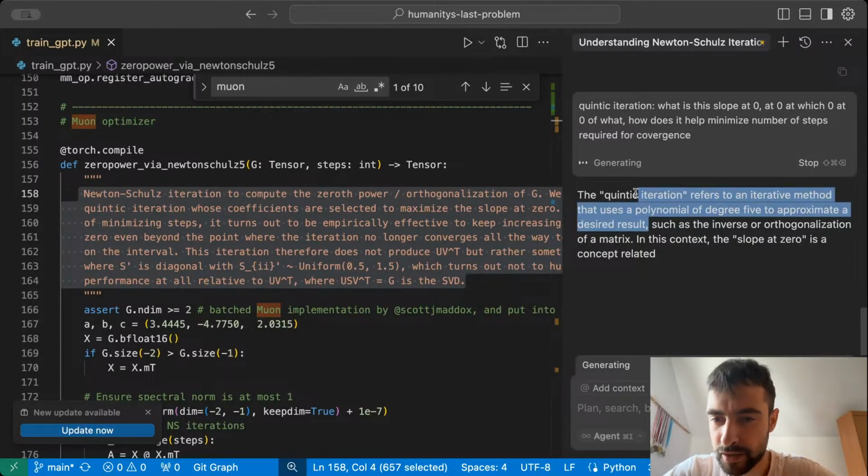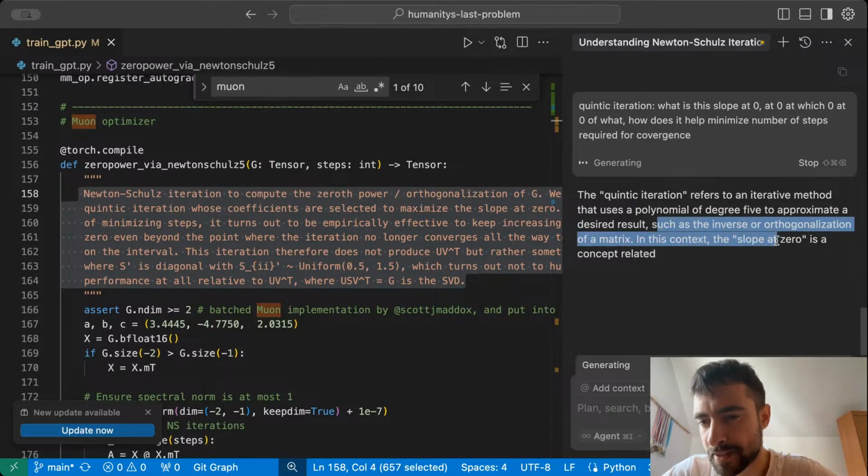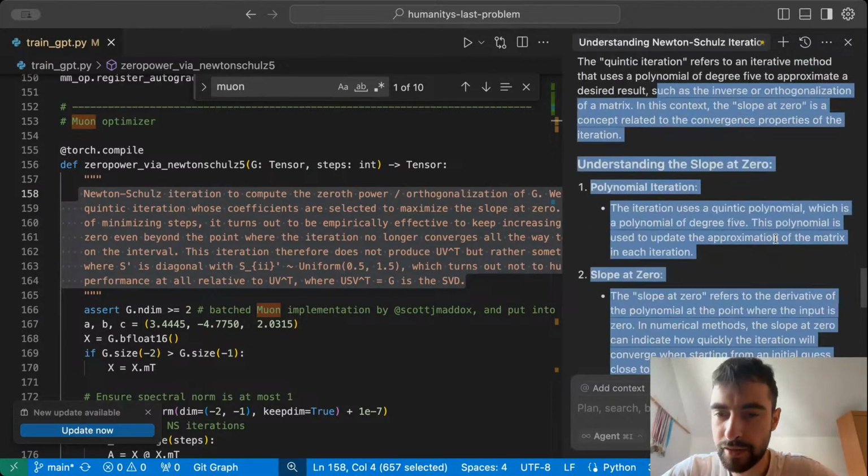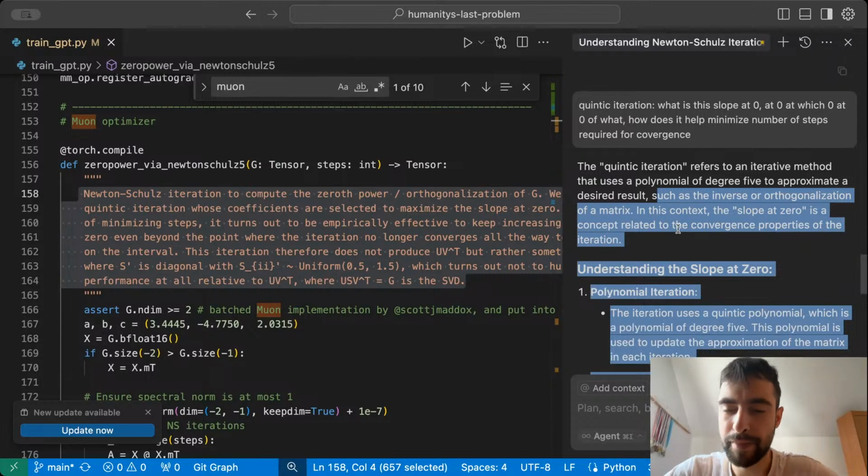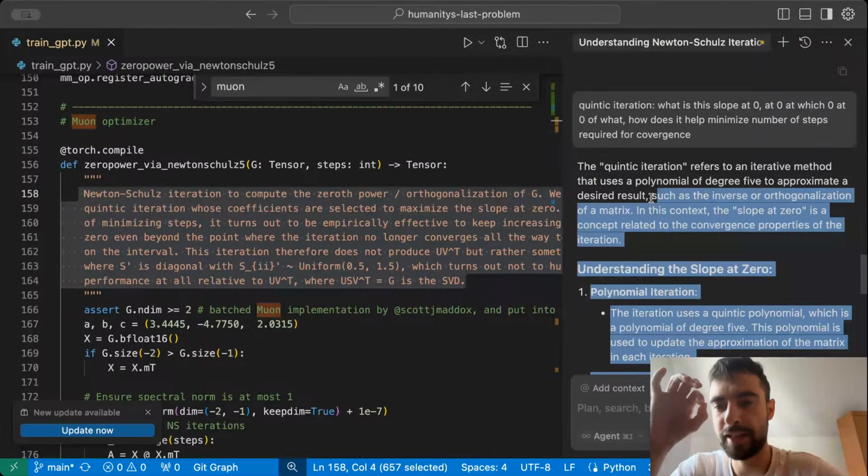I'm guessing the function, such as the inverse or orthogonalization of a matrix. So it's approximating a function that's going to orthogonalize or invert a matrix.